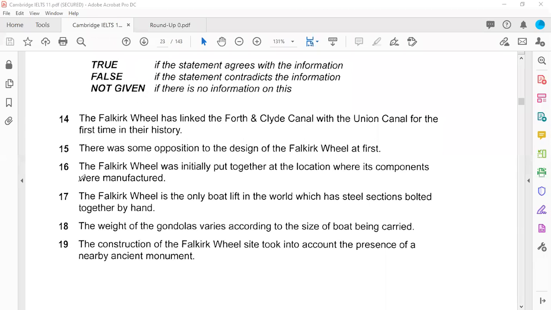Yes. Number 18. The weight of the gondolas varies according to the size of boat being carried. True or false?